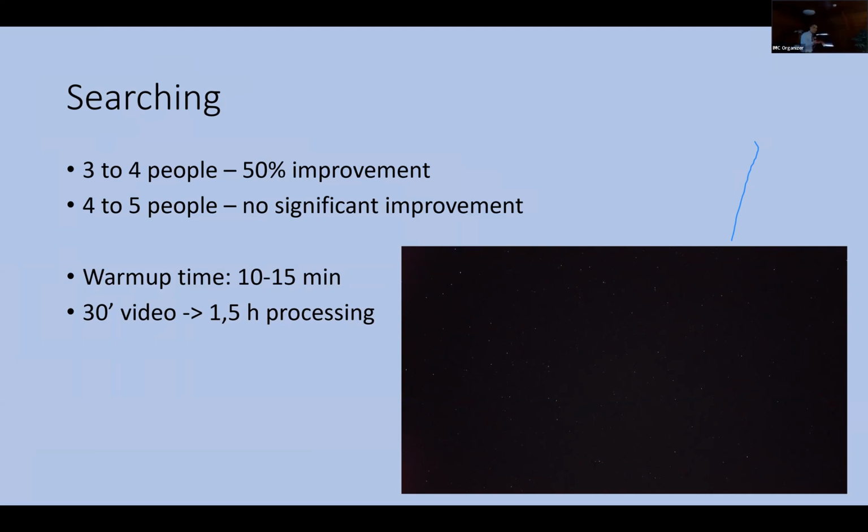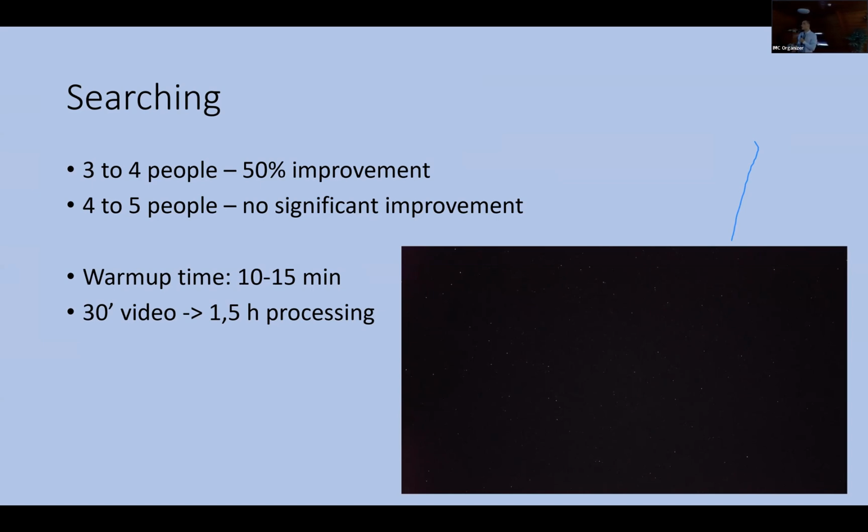So this is our advice: if you are watching alone, like Diavol or Peter, or the others who process video like this, do it with more people. You will have significant improvements in meteor sighting. But when we jumped from 4 to 5, there was no significant improvement, like 1 or 2%.